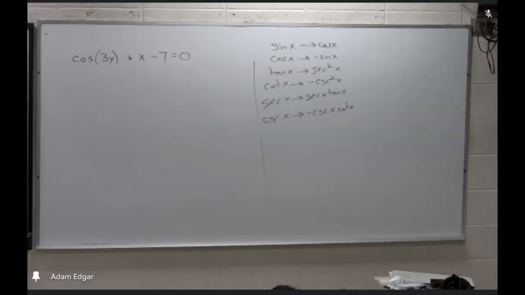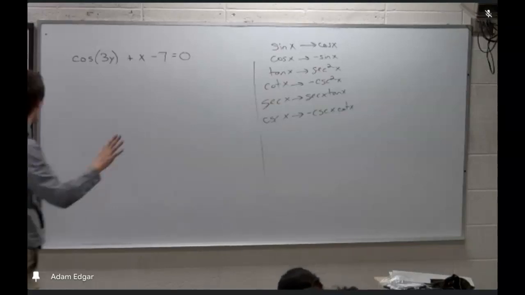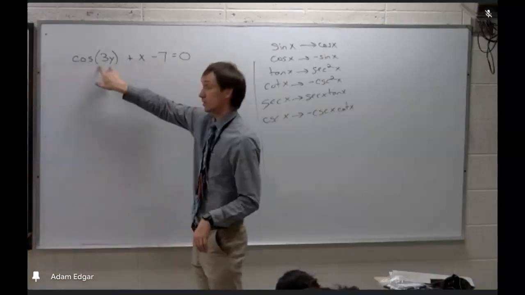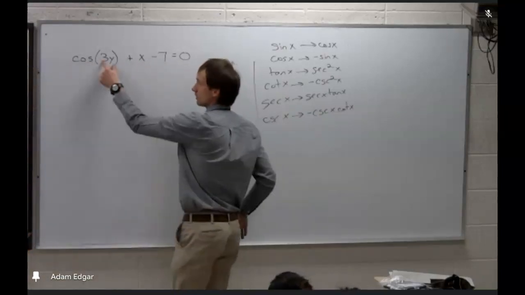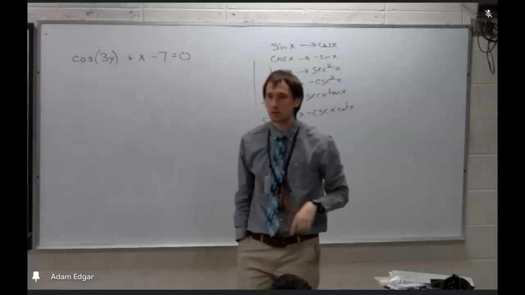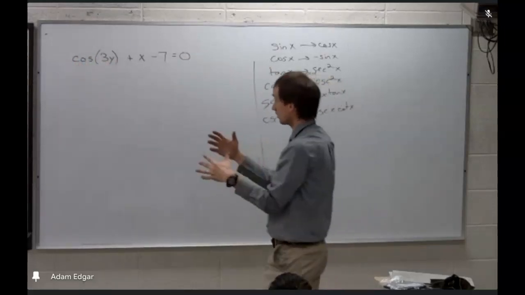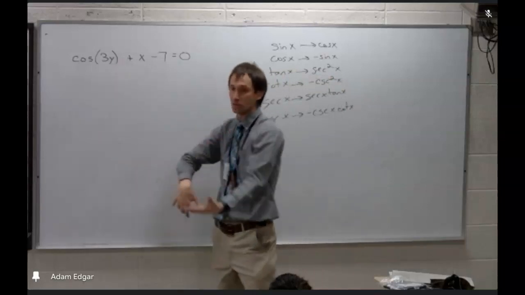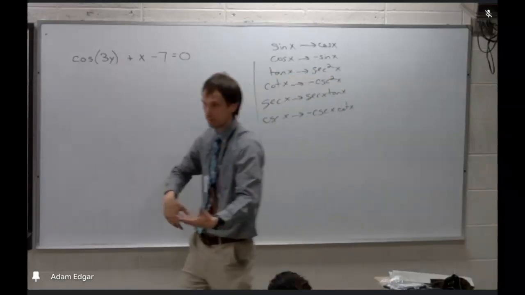Yes. Real close. So you've got to do the chain rule on the side. So we're just cosine of x, cosine of y. Great. But it's cosine of 3y. So differentiate that, and then we get negative sine of 3y. So the inside of the trig function will always be 3y, even when you change the trig function.